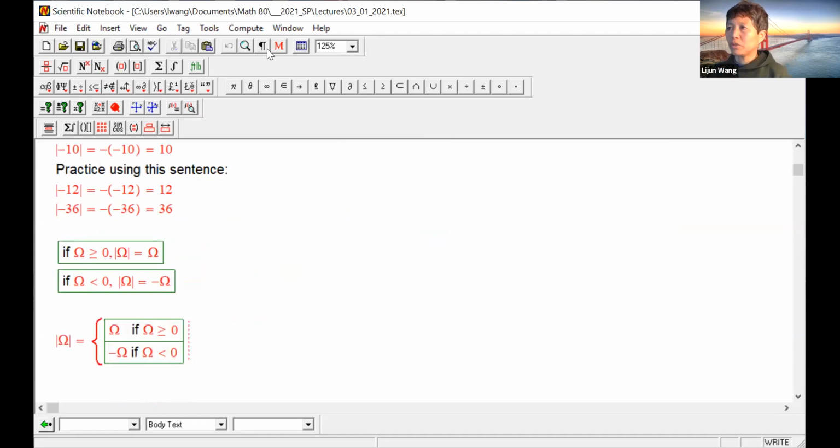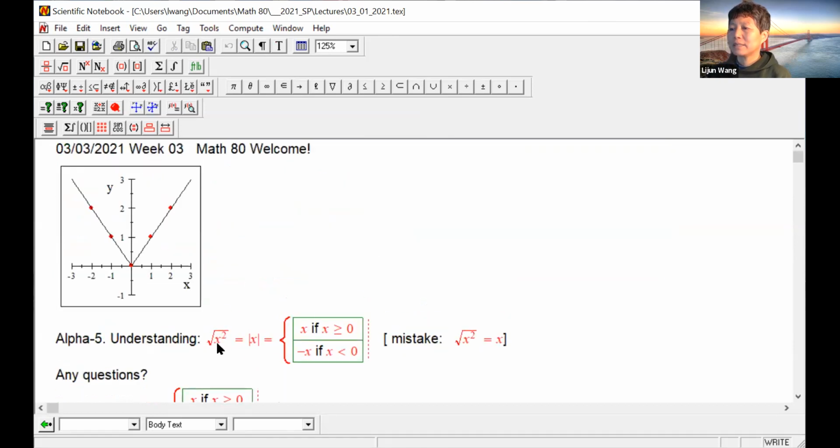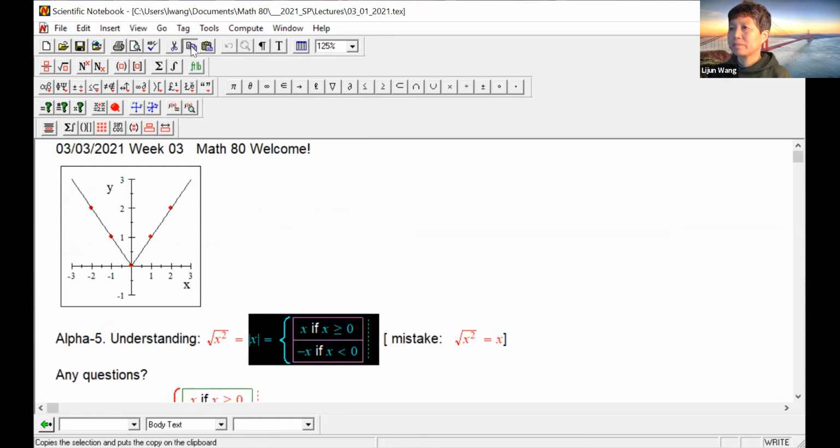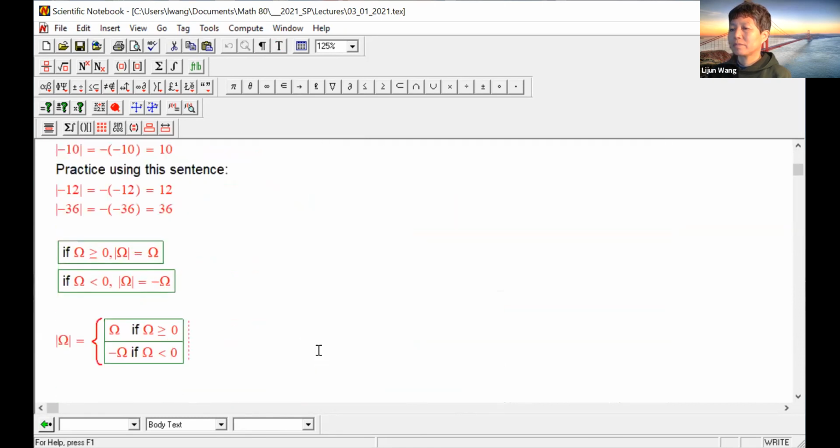And this form is the same as that one, because we simply replaced omega by x. Does everybody follow me? You see the progression of mathematical notation? Shorter, shorter, shorter yet.